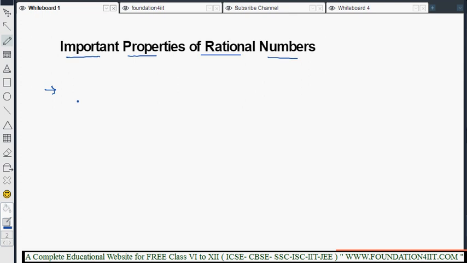if p by q is a rational number and m is a non-zero integer, then p by q is equal to p into m by q into m.